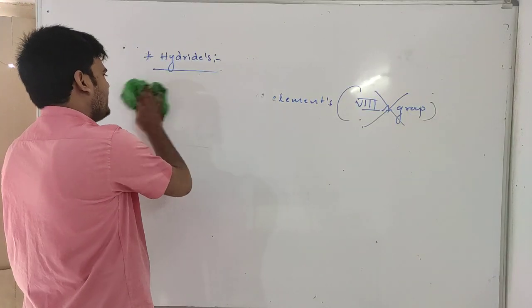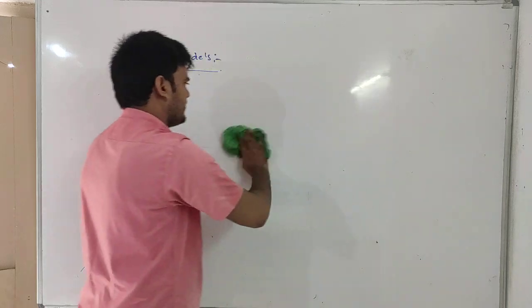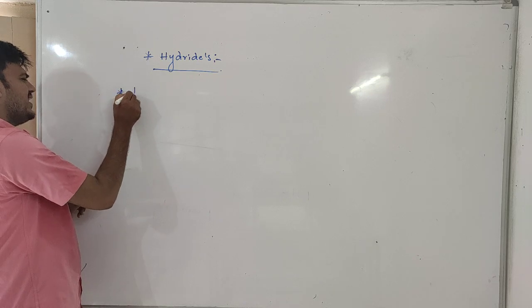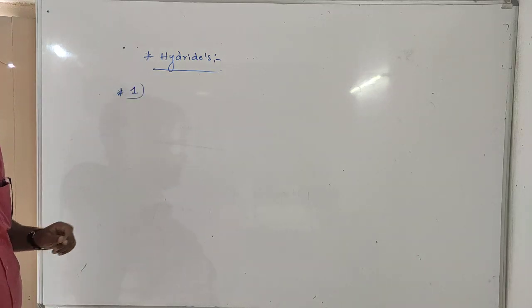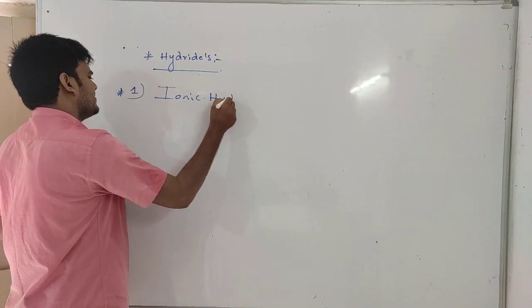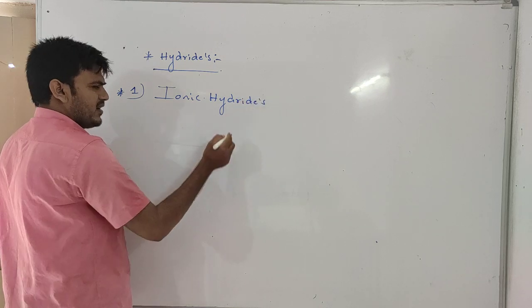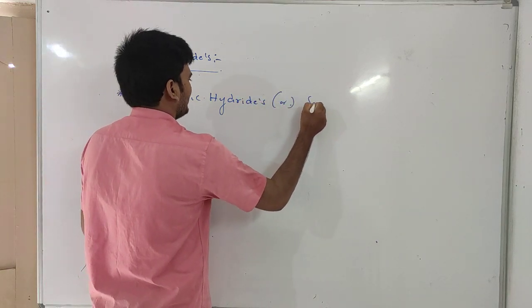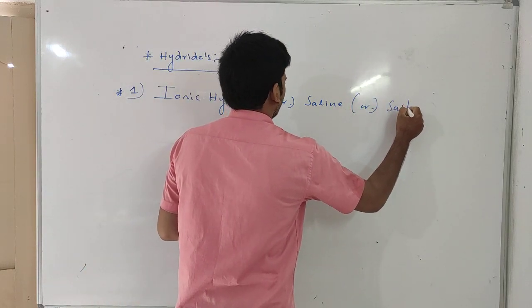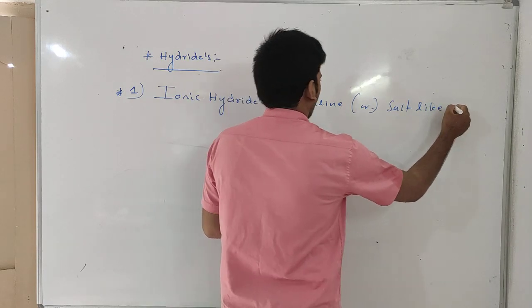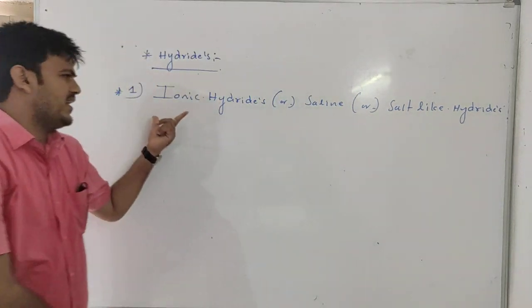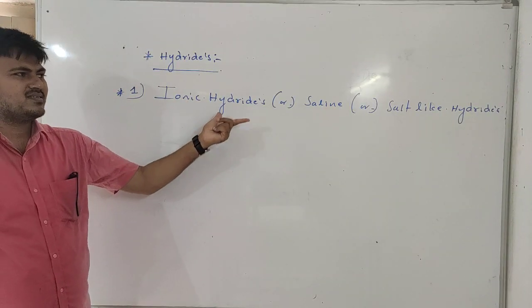And further, hydrides are classified into three types. The first one, very important, is ionic hydrides, or saline hydrides, or salt-like hydrides.